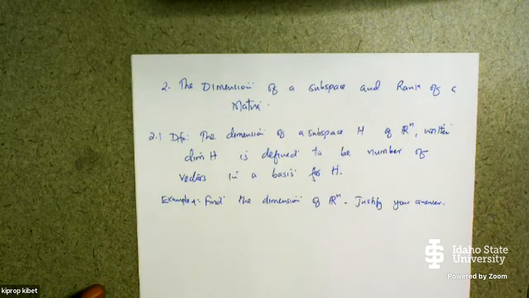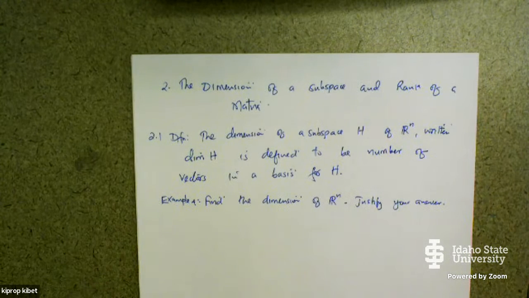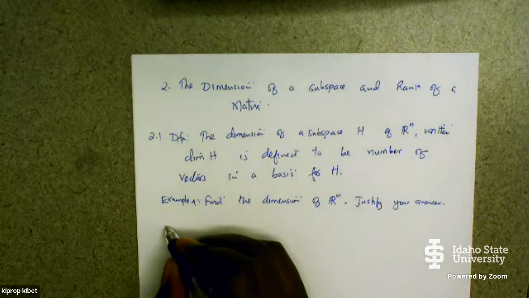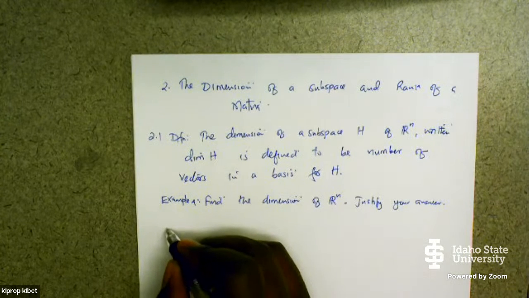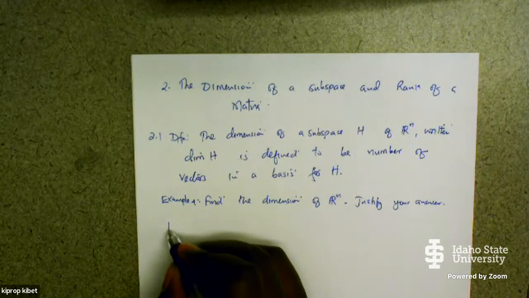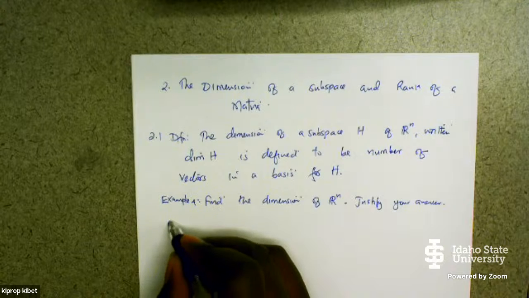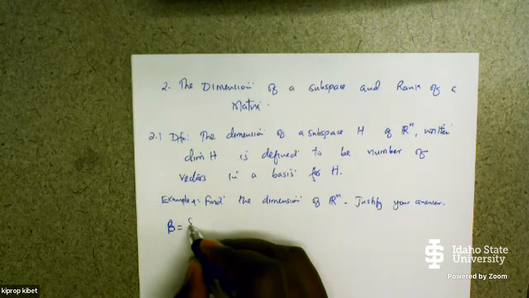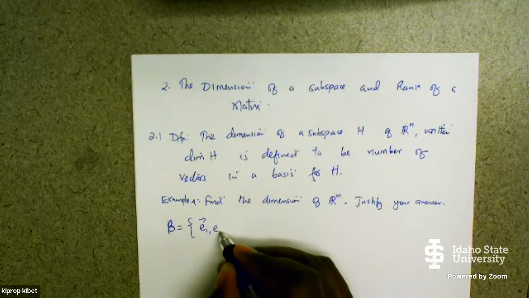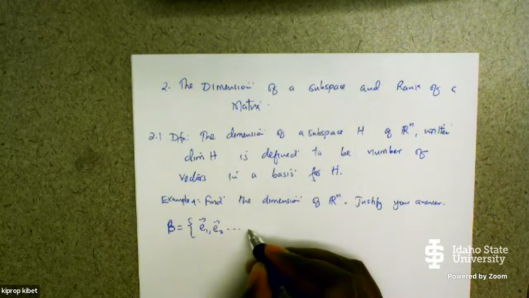So find what is the dimension of the whole vector space. So basically for our vector space, the ordered basis in this case, which is B, is actually the standard vectors, which are E1, E2, up to En.